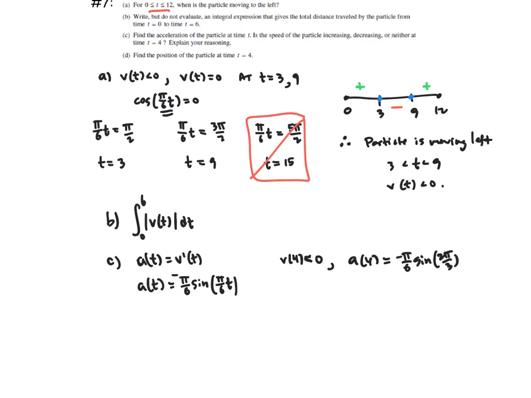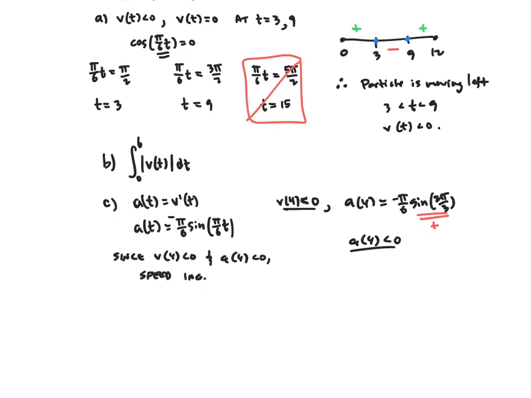Sine of 2 pi over 3 is positive. Therefore, a of 4 would be negative. I don't even care what it is. But since v of 4 is less than 0 and a of 4 is less than 0, they are the same sign, so the speed is increasing.